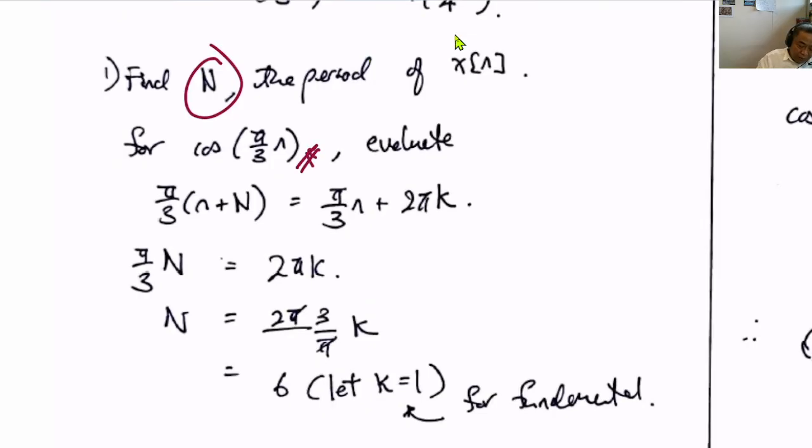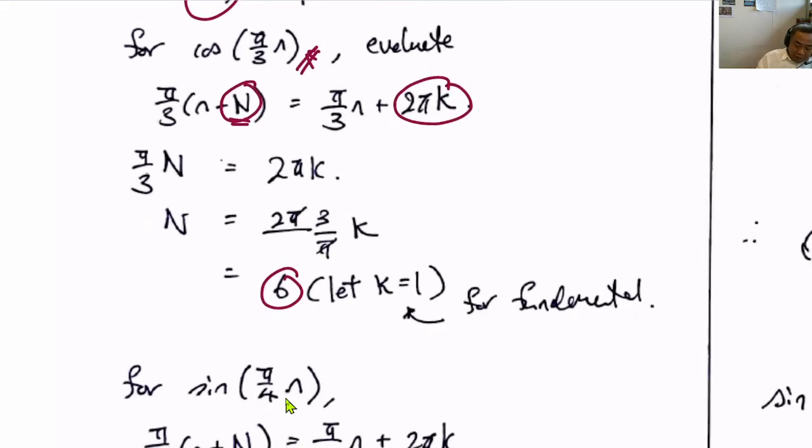At pi over 3, we use the same approach, small n plus big N equals this expression on the right, and we are basically trying to find N to be some integer such that it will make this expression on the right the same. We found that N is equal to 6. And in this particular example, the number of periods K equals 1.